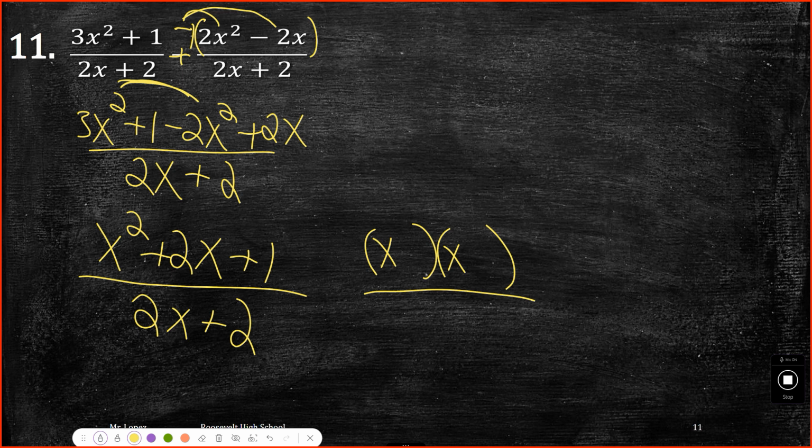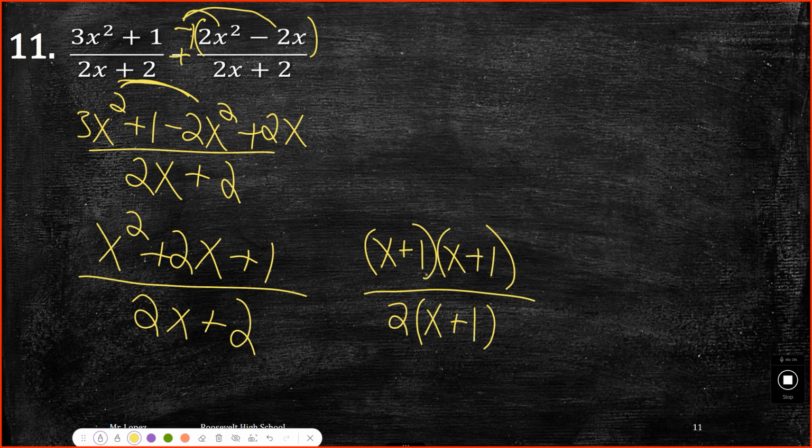X plus 1 and x plus 1. What's the GCF at the bottom? 2. What's left over inside? X plus 1.